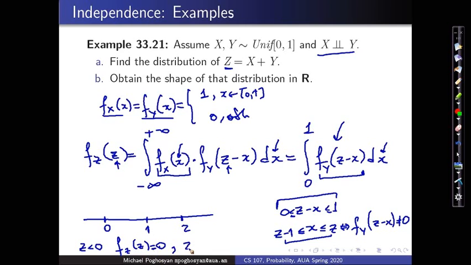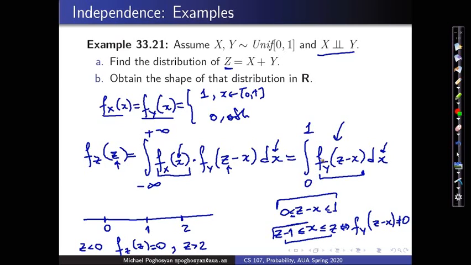Also, if z is larger than 2, then x is larger than 1, but we are integrating from 0 to 1. The integrand is non-zero from z minus 1 to z, but z minus 1 is larger than 1, so it is 0 from 0 to 1.